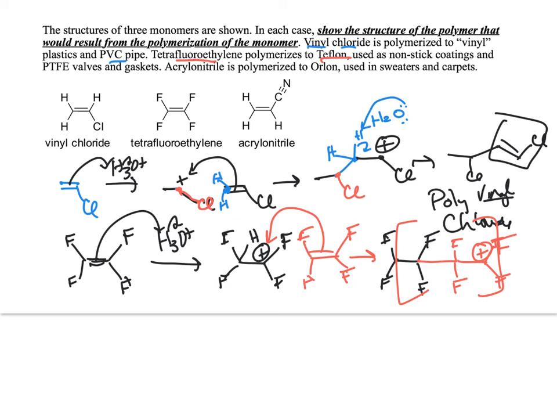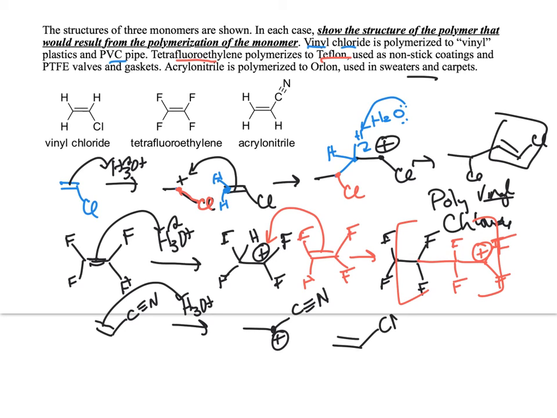Okay, the next one is acrylonitrile, and once again, you add a little bit of acid. This is what's used to make sweaters and carpets. This gets protonated, and you generate a carbocation. The carbocation would probably be there because that would be the more stable, and then it would react with itself.